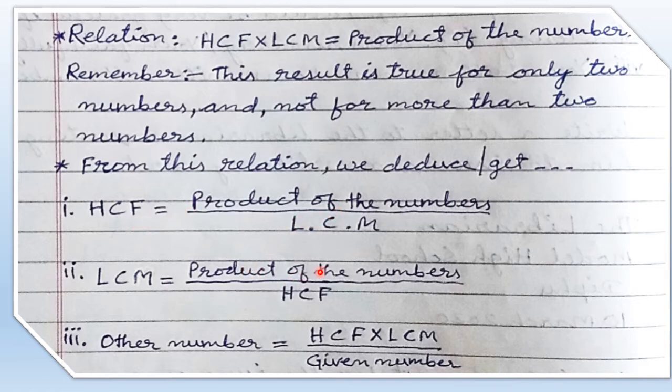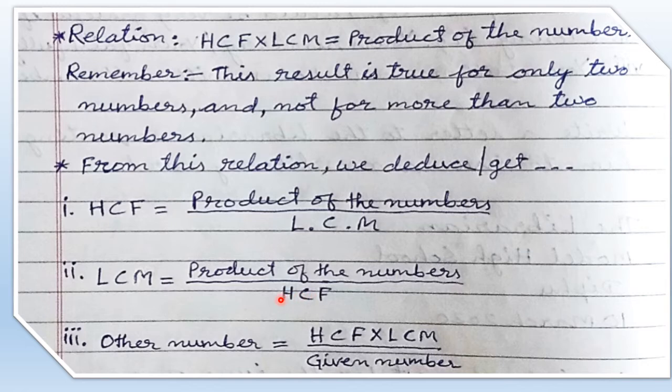Then, when the two numbers are given and HCF is also given and you are asked to find LCM, you may write LCM is equal to the product of the two numbers, that means one number into the other given number, divided by the HCF.